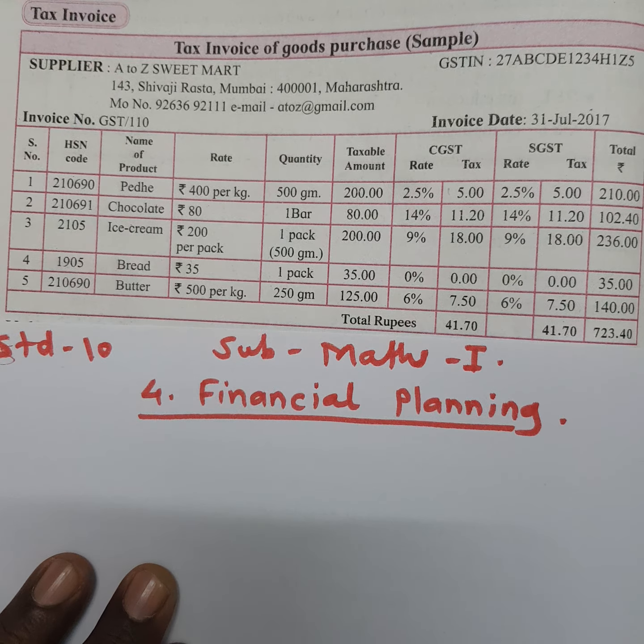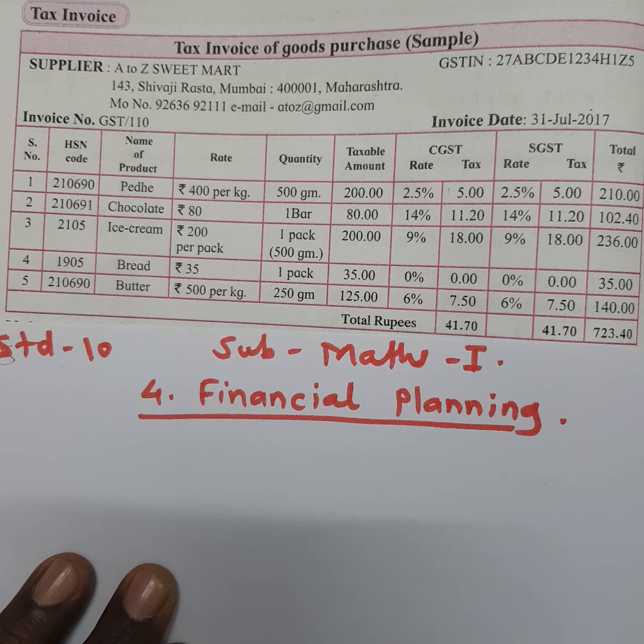For example, here is serial number 1, with the HSN code of the product. The first product is pedha. Its HSN code is given; there is no need to remember this HSN code.